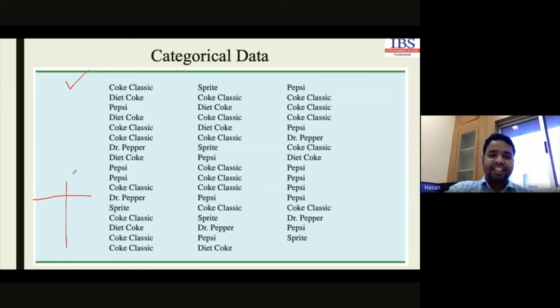The very first step is to mention this one is Coke Classic. How many Coke Classic there are will be the frequency for Coke Classic. How many Diet Coke there are will be the frequency for Diet Coke. How many Pepsi there are will be the frequency for Pepsi, like this. In this way we identify how many attributes there are and their corresponding frequency.